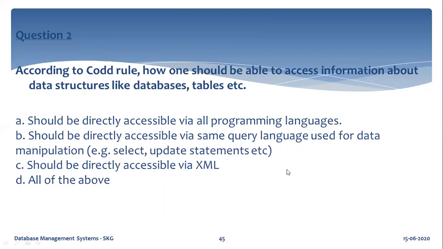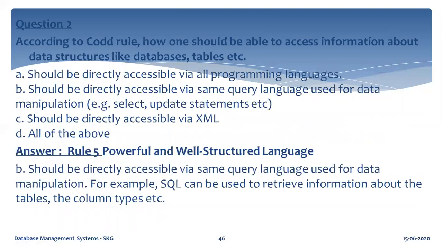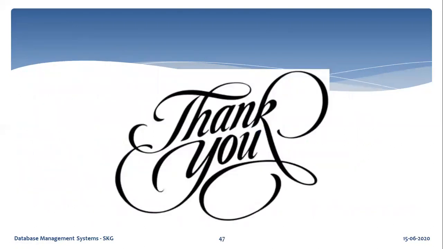So A is not true for all languages. There should be a specific language to access it, like SQL, and it should be directly accessible. XML is not true, and all of the above is not true. That is because of rule number 5, that a powerful and well structured language should be there. So here we end our Codd rules.